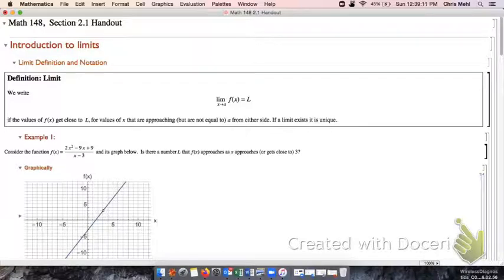Okay, so 2.1, this handout is also posted. If you're watching the video right now, you would have gone in the Canvas module, clicked on the video assignment, which has no points attached to it. It's just an assignment to give you a deadline just to keep you on track.